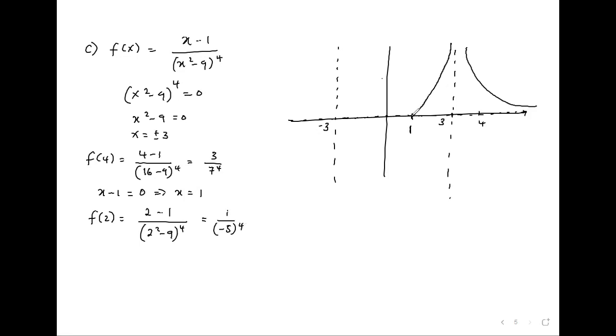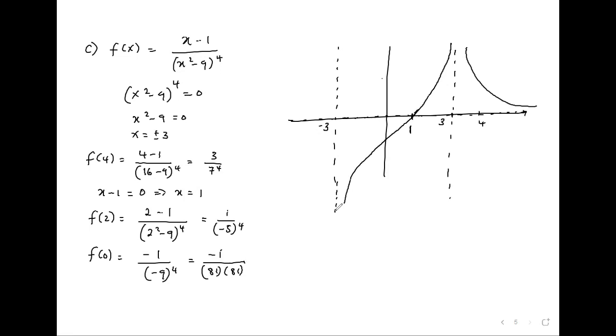Now let's see what is happening at 0. We have minus 1 over 0 minus 9 to the power 4. That is minus 1 over 81 to the power 4. What does that mean? The number is negative. So it means that we have a curve of this nature in between here.